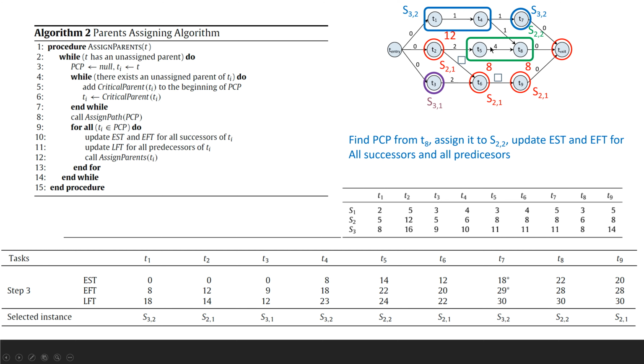So finally, we will look at the T7 after all have been done. T7 will be the last parent of this TXE node, and because it's a single task, we will check whether it will be assigned to an existing virtual machine instance or a new instance of virtual machine.